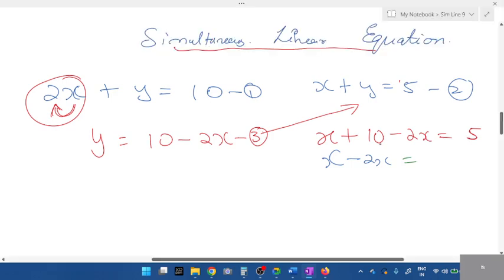See, this one on the left hand side we have plus 10. Plus 10 goes to the other side and becomes minus 10. What is 1x minus 2x? What is x minus 2x? 1 minus 2. Subtract. Are they like terms, x and x? Subtract it.